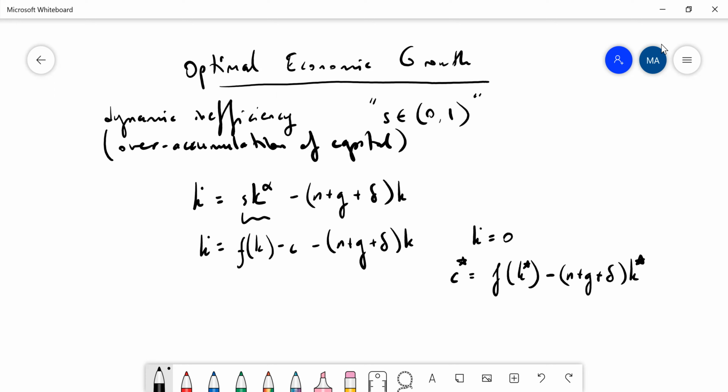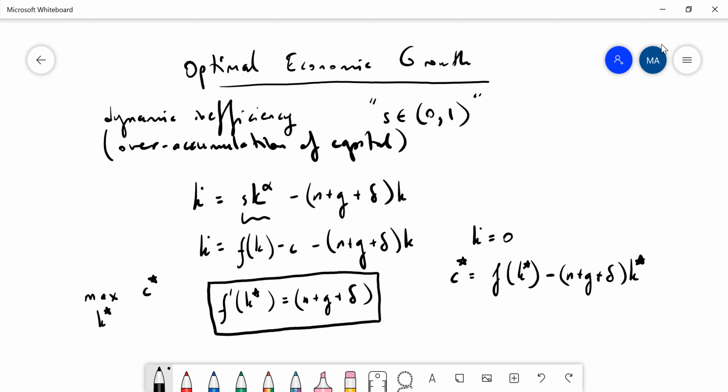Now you can ask, all right, then let's find the steady state capital stock that maximizes steady state consumption. Okay. Now, obviously, you have what? You have f prime of k star equals n plus g plus delta, right? Okay.